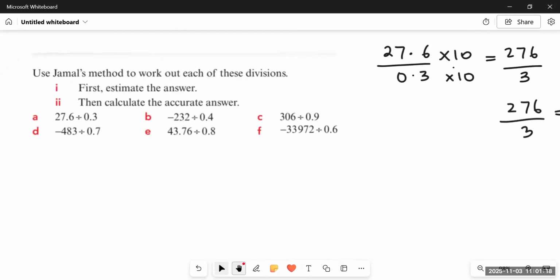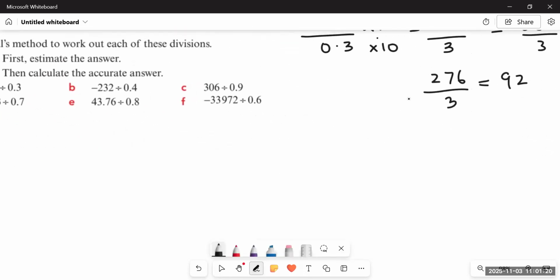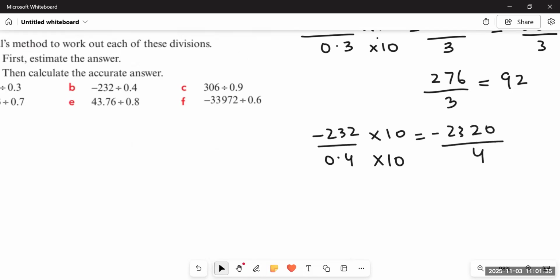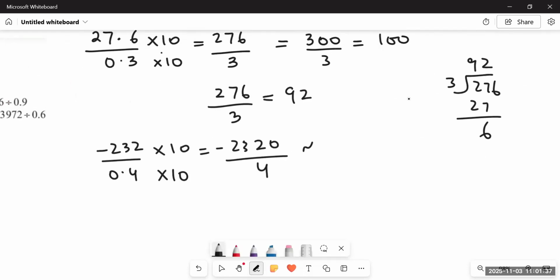Right? Next, we have part B. Minus 232 over 0.4. So what are we supposed to do? Multiply both of them by 10. Minus 2320 over 4. Now it's 2000 over 4.